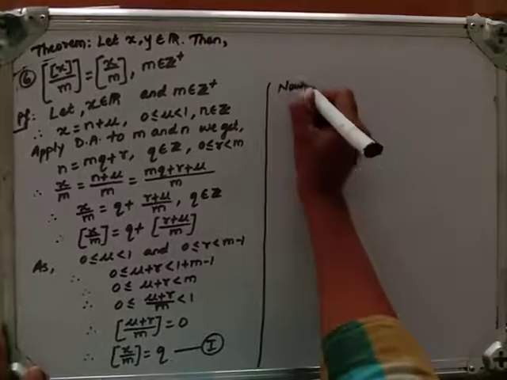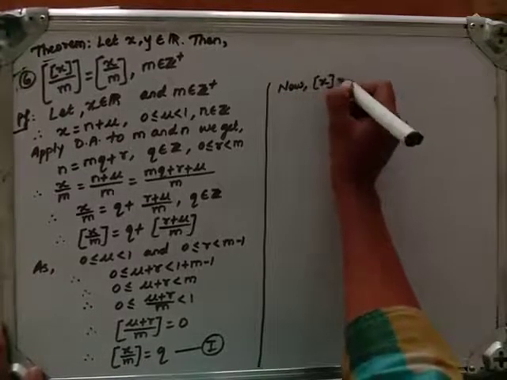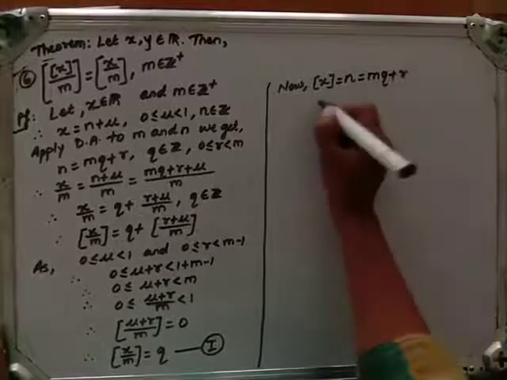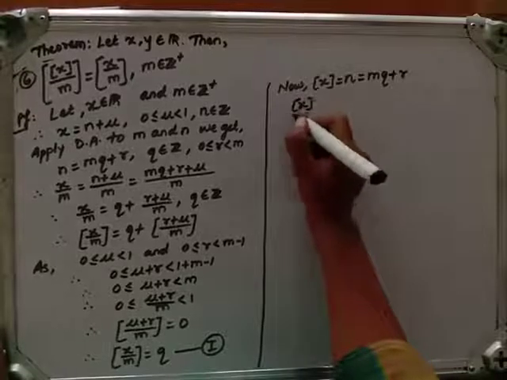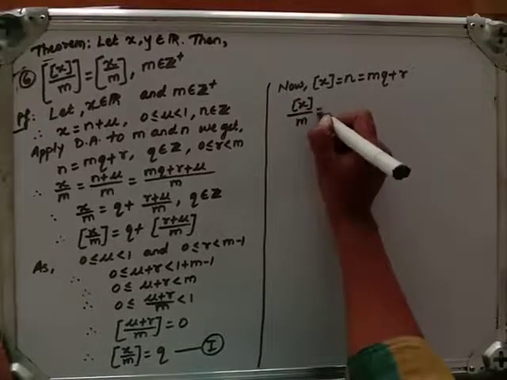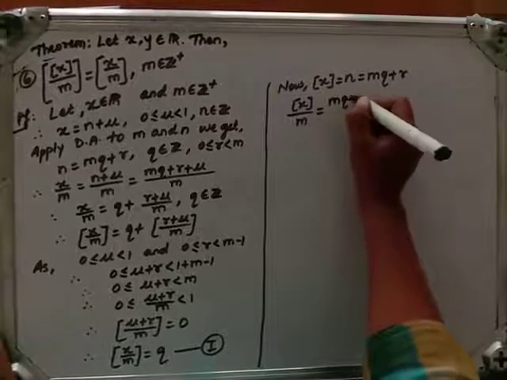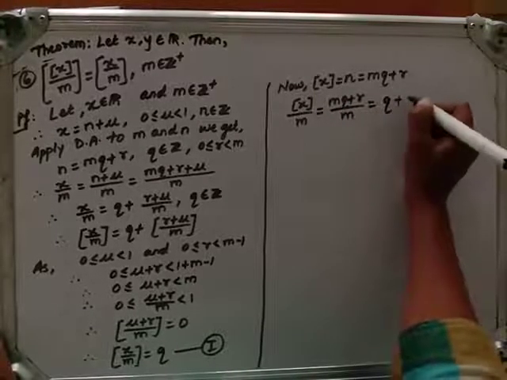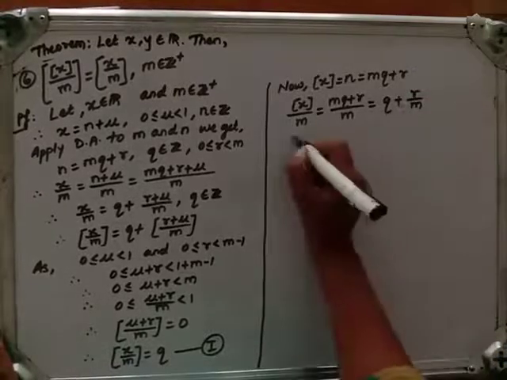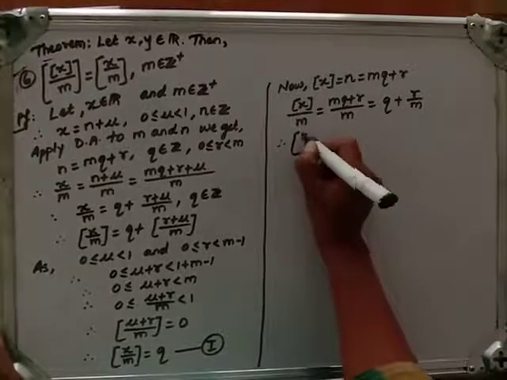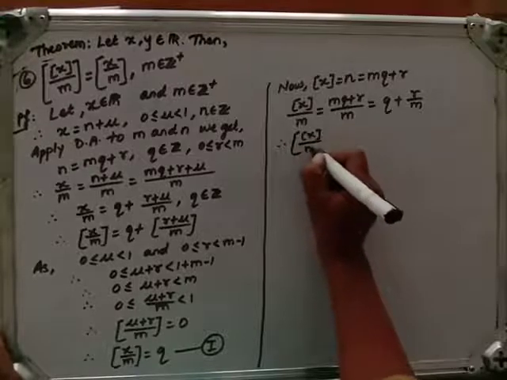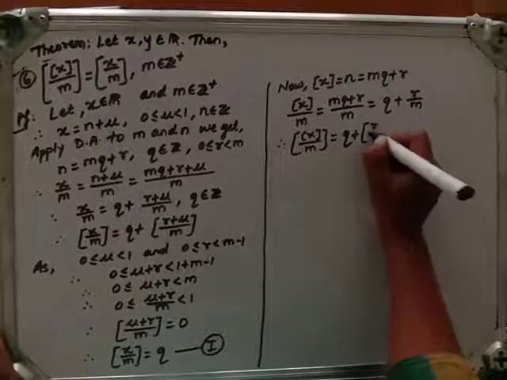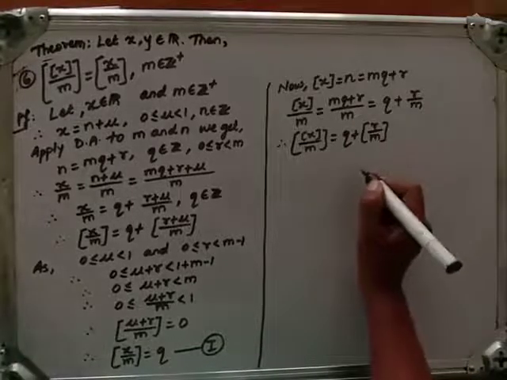Now, the greatest integer function of x is equal to n equal to mq plus r. So, it is the greatest integer function of x upon m equal to mq plus r upon m, that is equal to q plus r upon m. Therefore, this is equal to q plus the greatest integer function of r upon m.